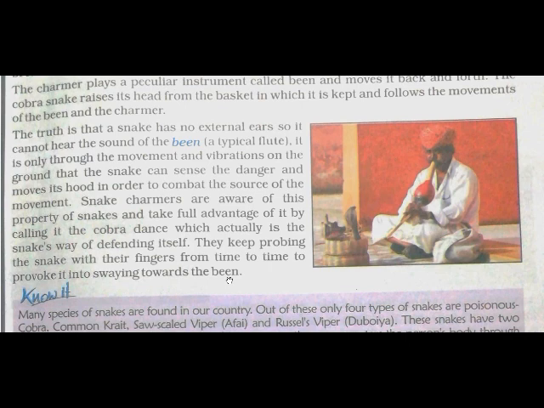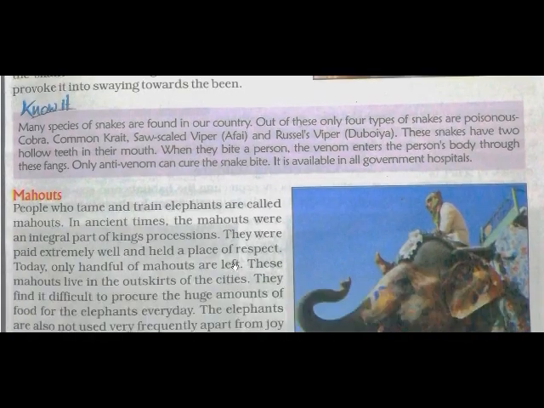When the snake raises up, it actually feels the vibration of the ground made by the snake charmer near the snake, and then the snake feels the danger coming towards it, and it raises its head so that it can see what danger is coming, bite it, and defend itself. So this is the actual truth, and the snake charmer actually knows this truth.